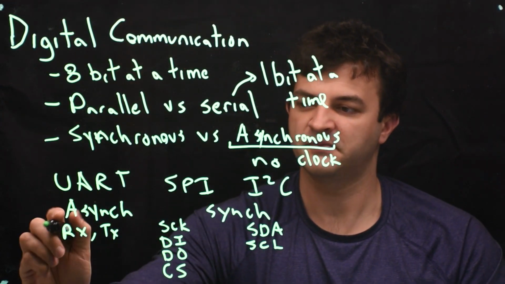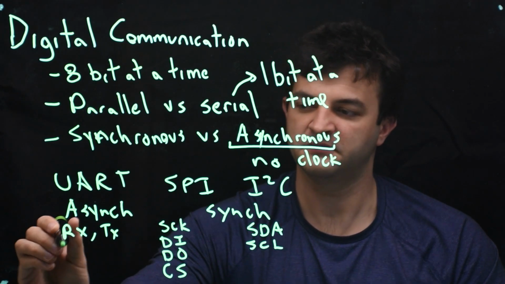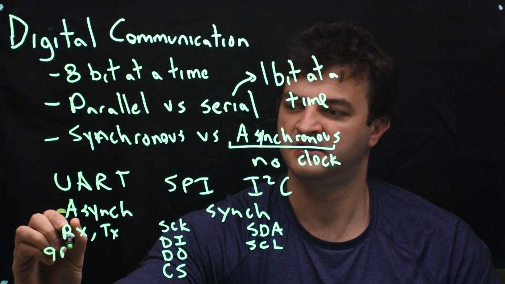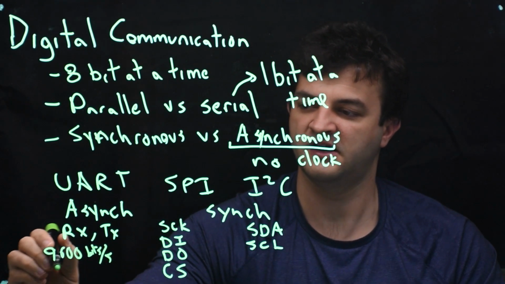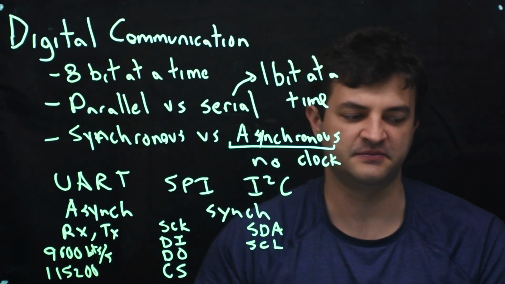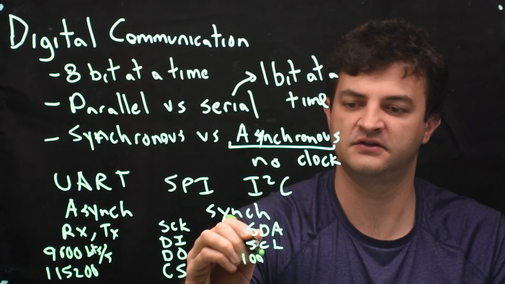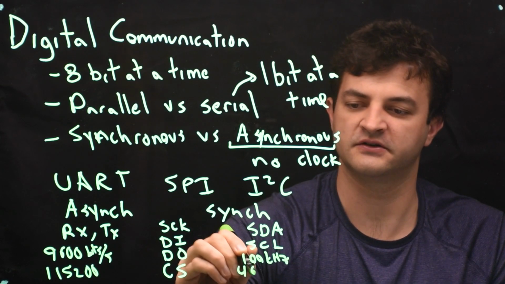UART usually is very common at 9600 bits per second. Another common one is 115,200 bits per second. I2C is commonly 100 kilohertz or 400 kilohertz.